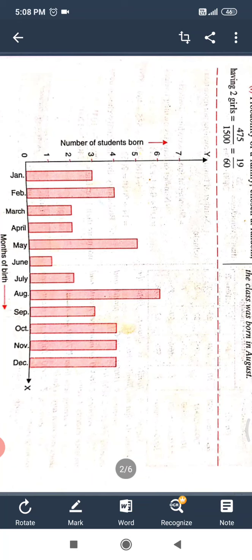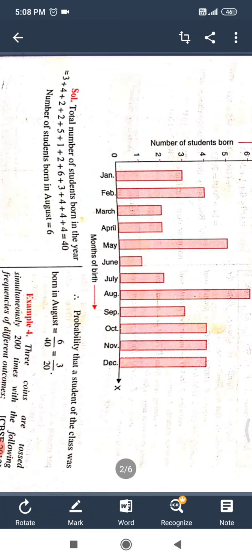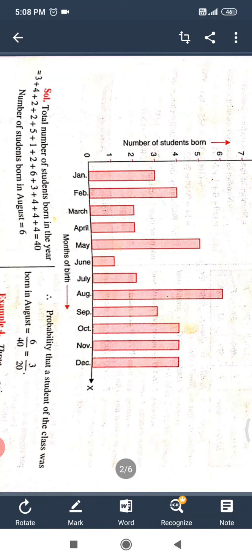Suppose in January 3 students were born, in February 4 or 5 students were born, and so on. We can understand it the same way. Here we have to find the probability of a student born in the August month. From the graph we can see that in August there are 6 students.